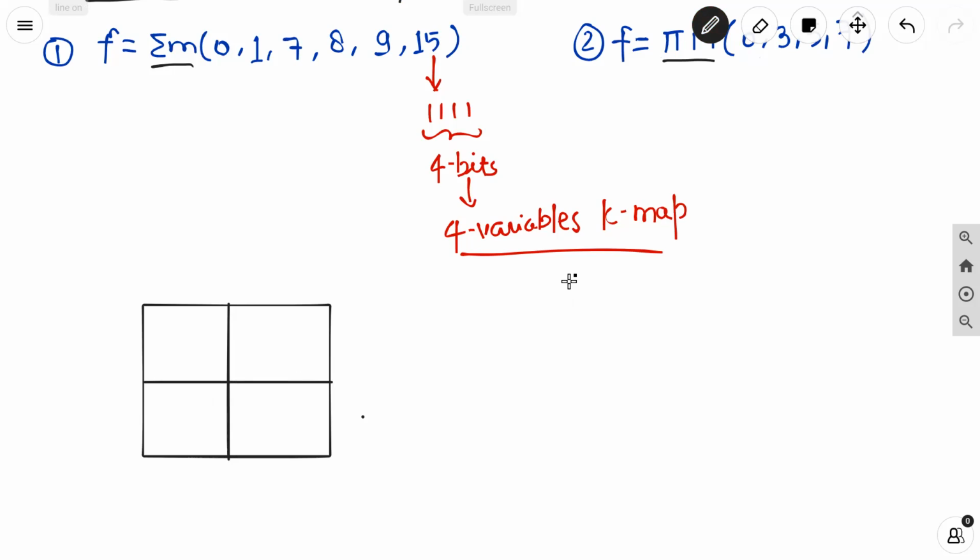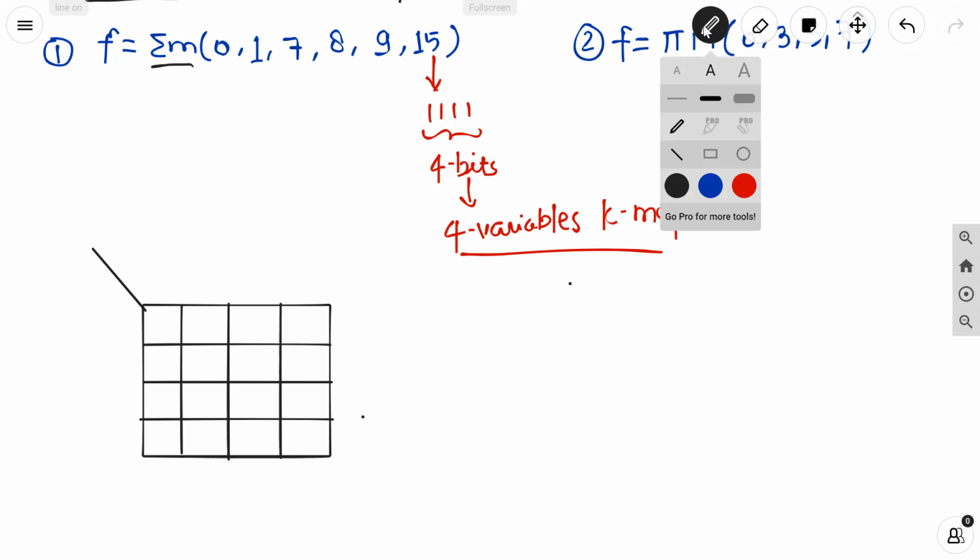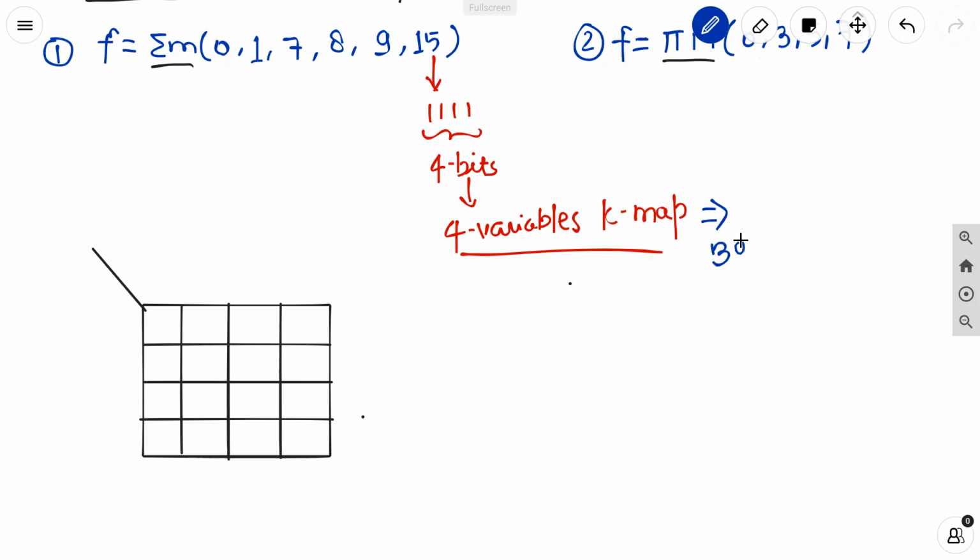For 4 variables, boxes equal 2 to the power 4, which means 16 boxes are required.